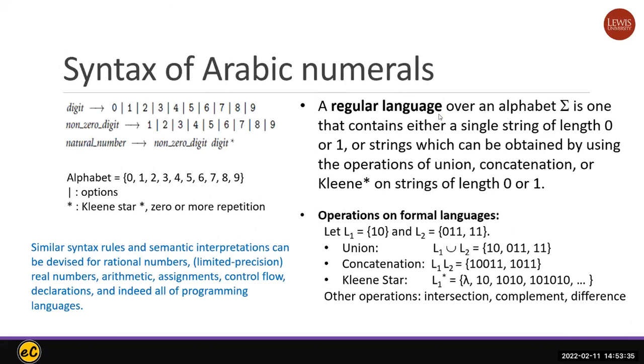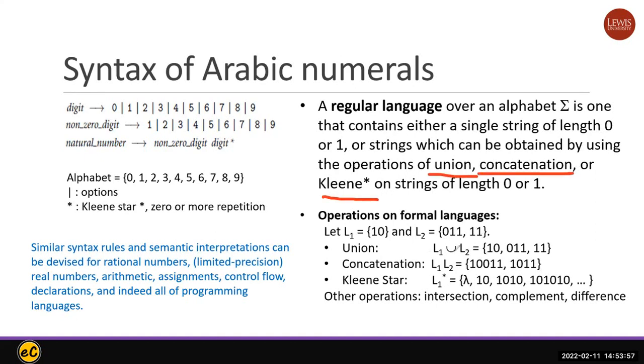A regular language over an alphabet sigma is one that contains either a single string of length 0 or 1, or a string which can be obtained by using the operations of union, concatenation, and Kleene star.